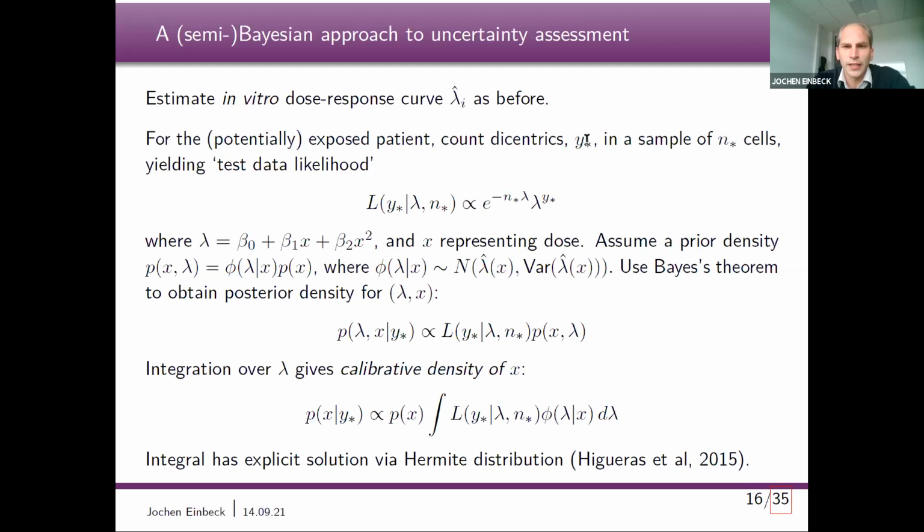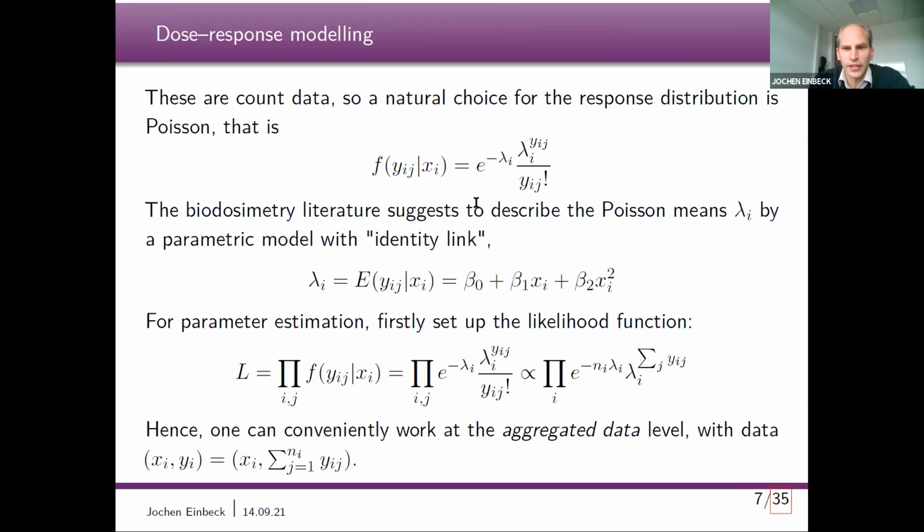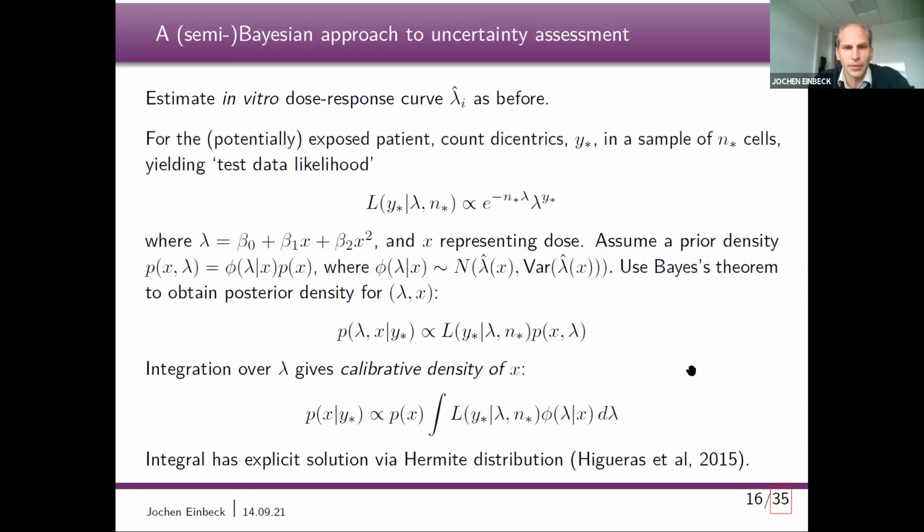We count the dicentric total, or Y star, in a sample of N star cells. From this, we can obtain something like a test data likelihood. You can see this in complete analogy to this thing here, but just for that particular blood sample from over N star cells from that particular exposed person.